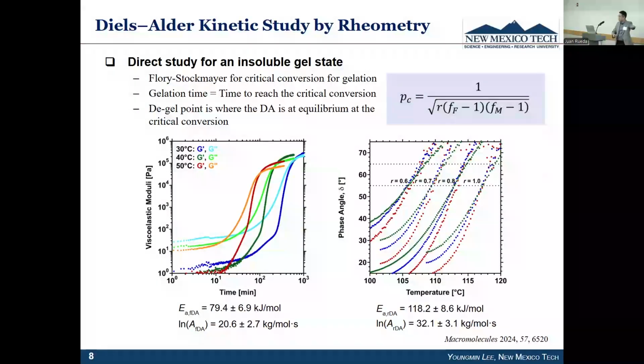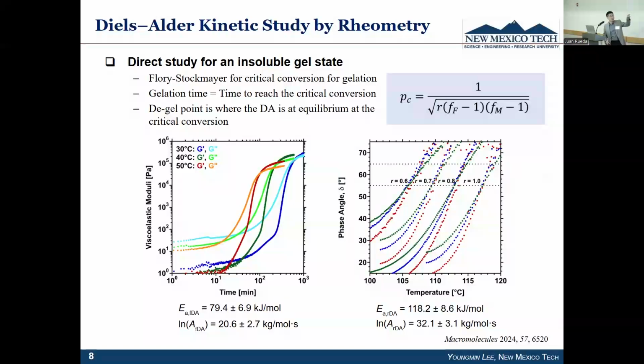But as time goes, they start to form a network. And once they form a macroscopic network structure, they intersect. So G prime goes beyond G double prime. That means that is the moment our liquid-like resin turns into a solid-like network structure.